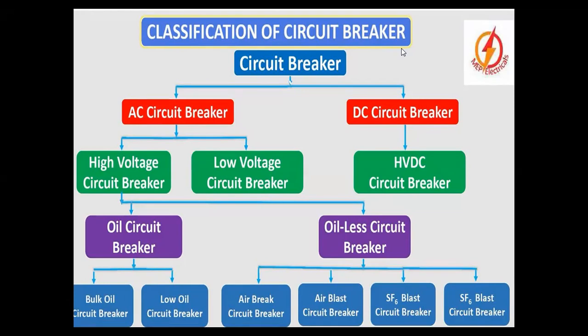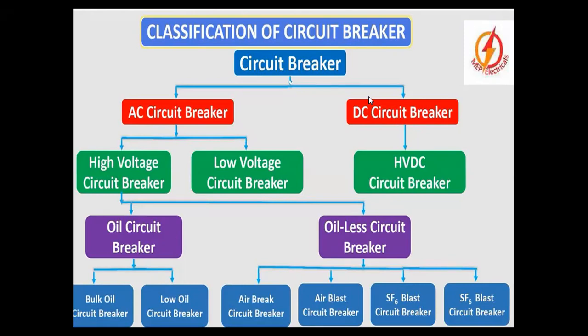So we have to extinguish that arc, and this is the major problem. To extinguish that arc, different types of materials are used, like oil, air, or gases, right? So according to that, there are different types of circuit breakers.